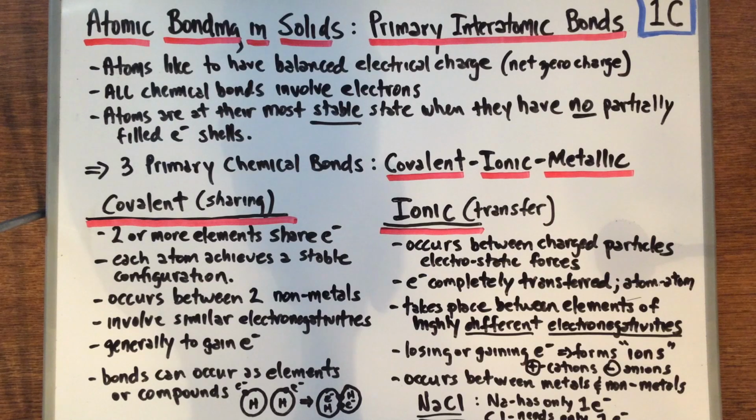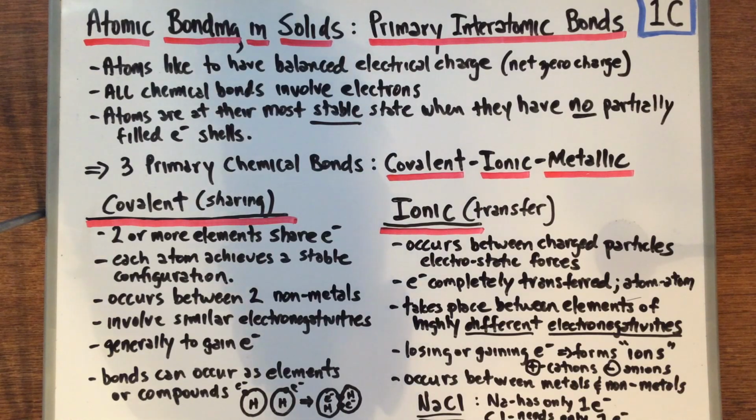So there are three basic primary chemical bonds that we're going to discuss: the covalent bond, the ionic bond, and the metallic bond. In covalent bonding, the key word here is sharing. The atoms are actually sharing electrons.